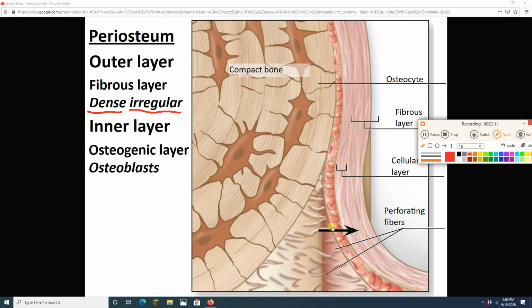Yeah, filled with cells. The majority of the cells in the osteogenic layer are these cells called osteoblasts. Now, as you probably already guessed, osteogenic, osteo, bone, genic, generate, genesis. Think about that. This is the bone creating layer. This is where we're going to have bone making cells called osteoblasts.